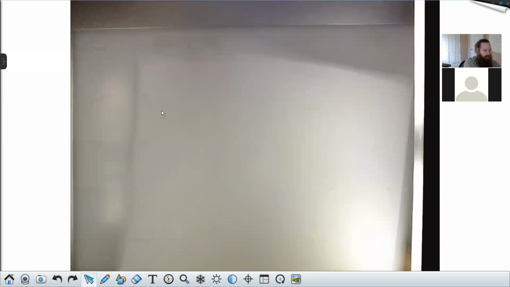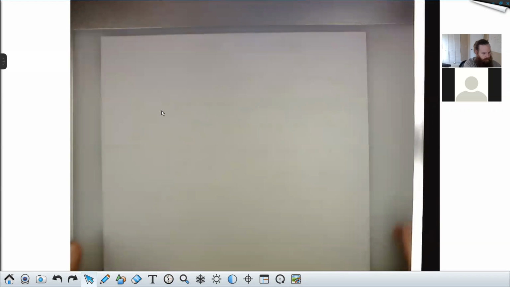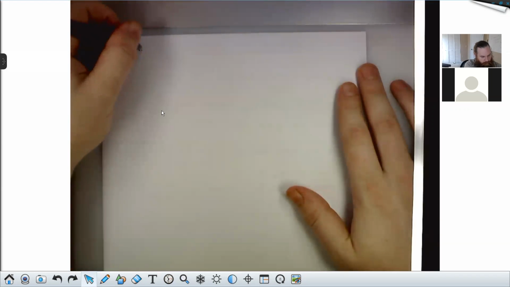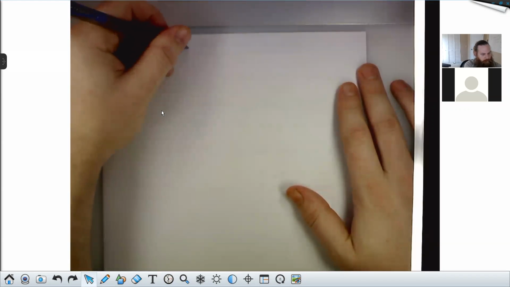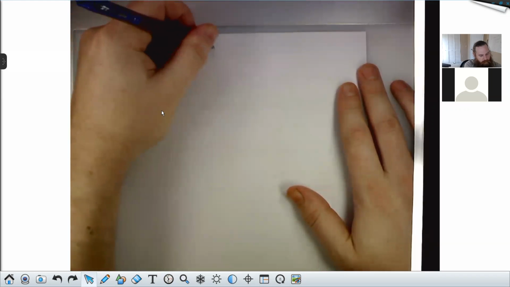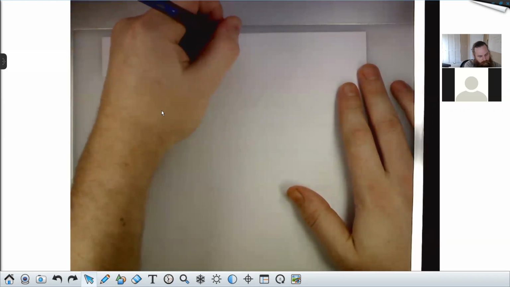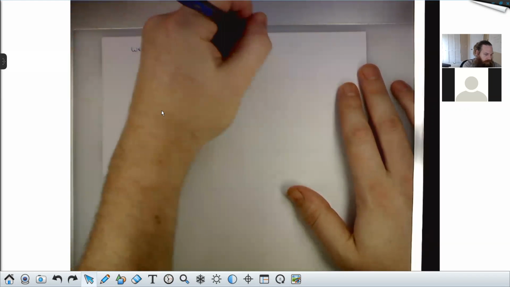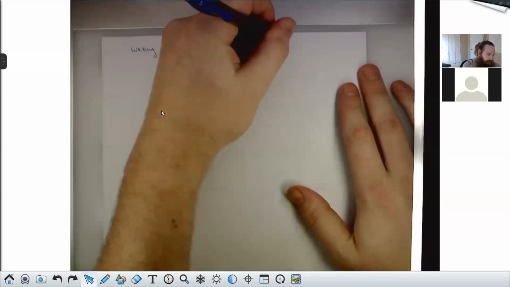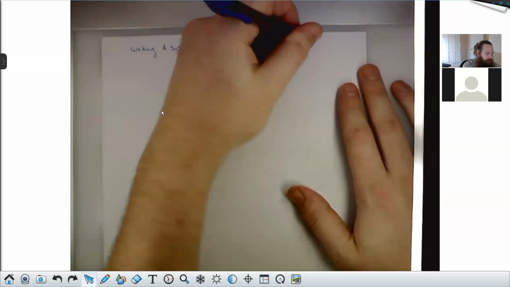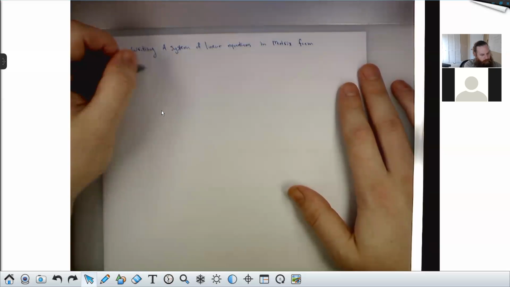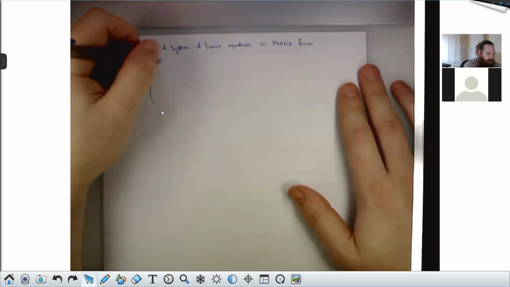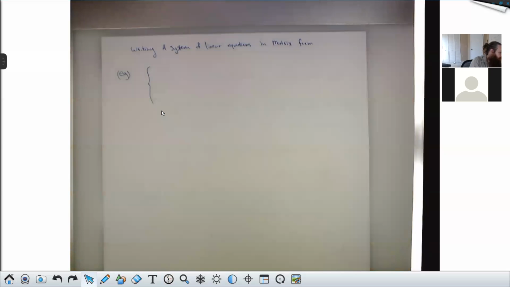Converting a system of linear equations into matrix form. Let me show you through an example before I give you the general case. Let me take the system, and I should grab a system who I know has a solution maybe.